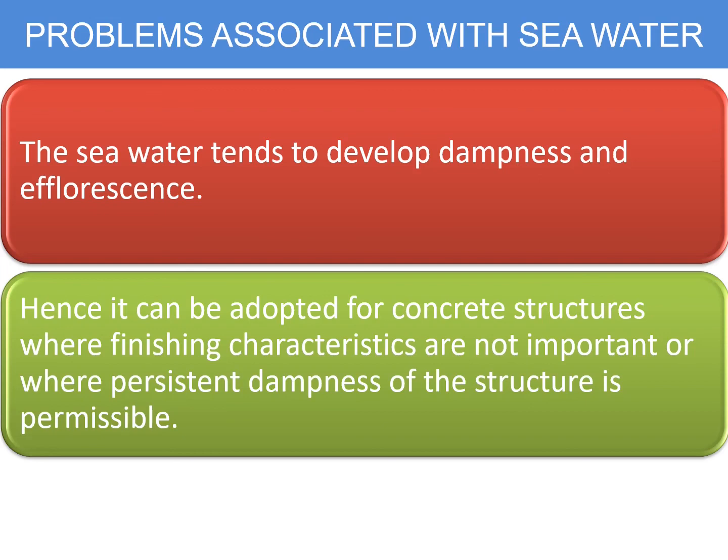Hence, it can be adopted for structures where finishing characteristics are not that important, or where persistent dampness of the structure is permissible and is not going to bother you much from the defect point of view. So under these conditions, probably we can think of using seawater for making or curing of concrete.